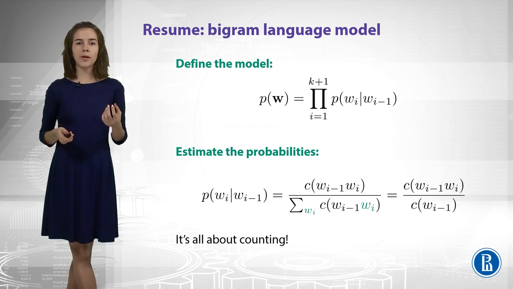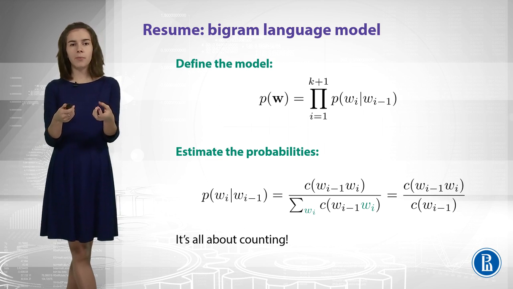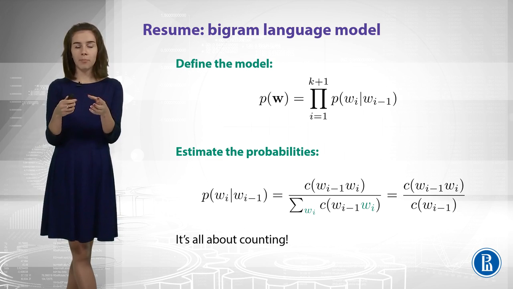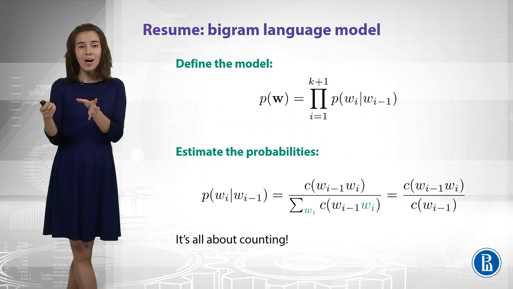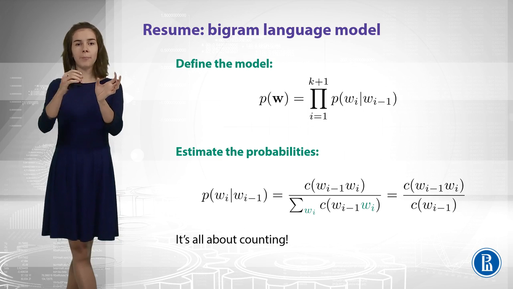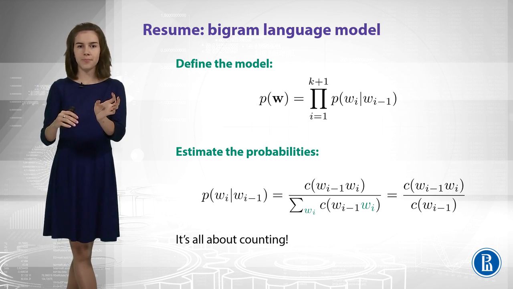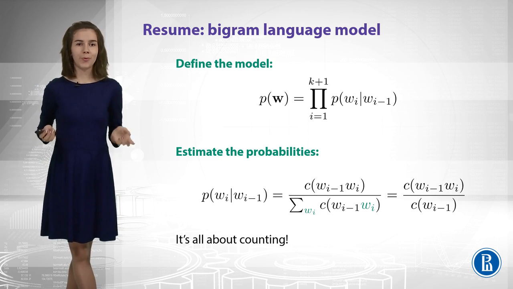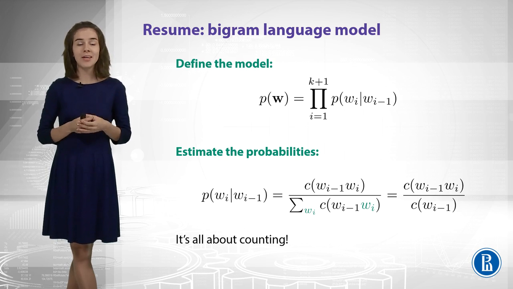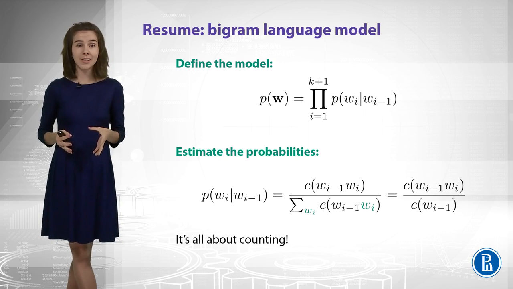So when you normalize your count of n-grams, you can either think about it as counting n-1 grams, or you can think about it as counting n-1 gram plus different continuations, all possible options, and sum over all those possible options. Okay, hope you could see that it is really about counting.